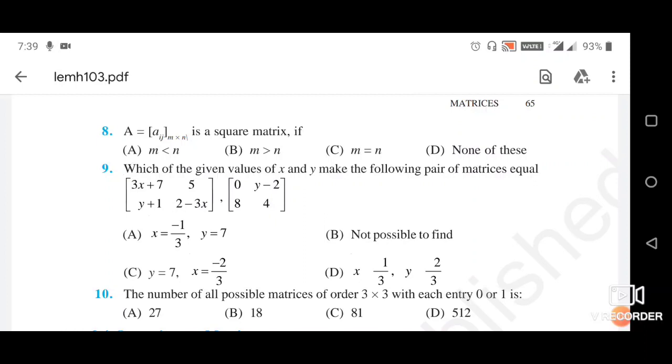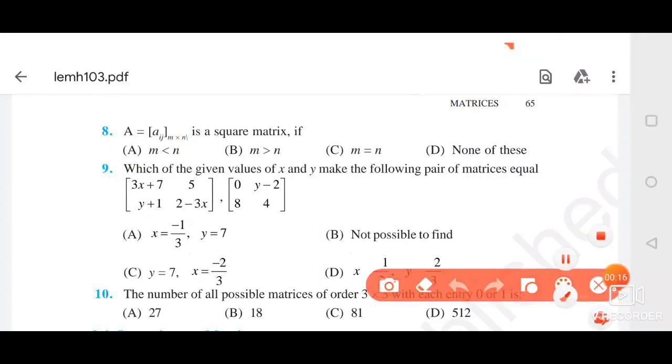Our next question of exercise 3.1 is question number 8, and the question is a matrix A is equal to, where the elements are denoted by small a, aij, and this matrix is of order m by n, is a square matrix if. So what is the condition for a square matrix?